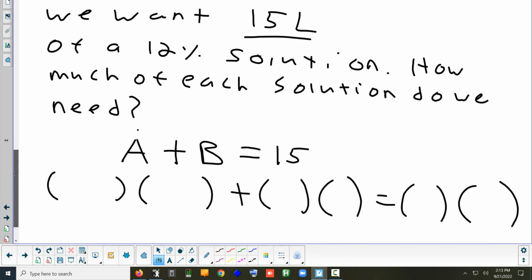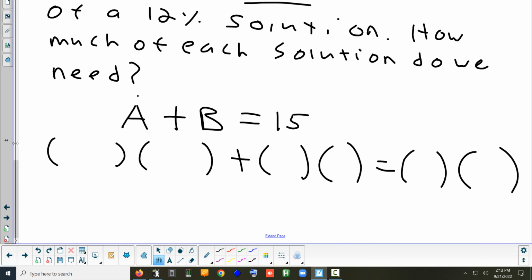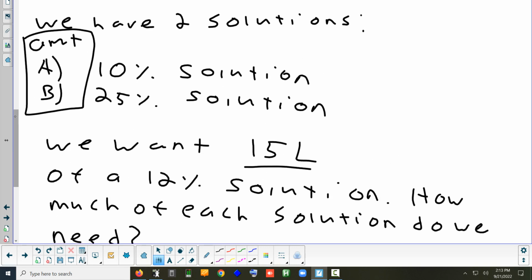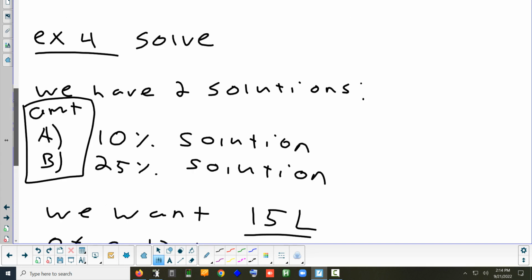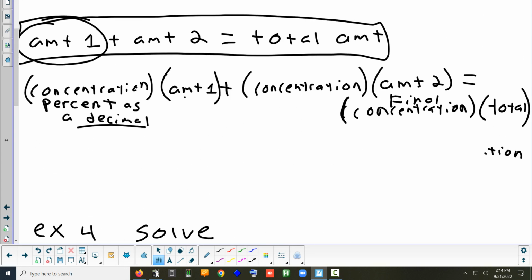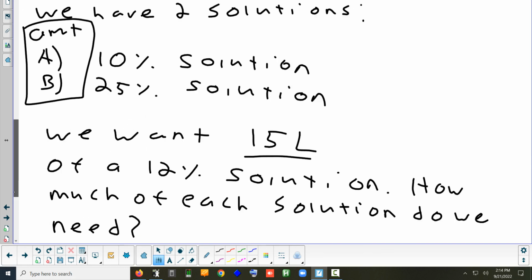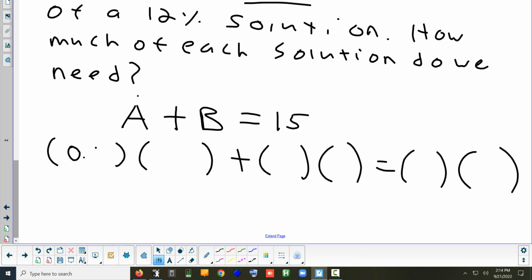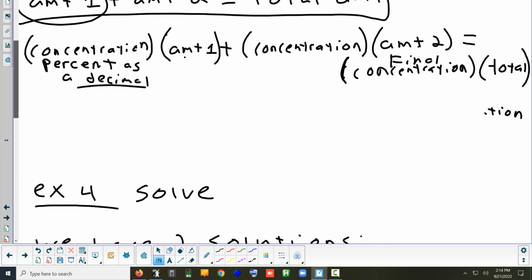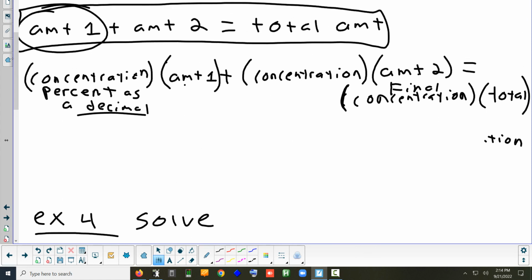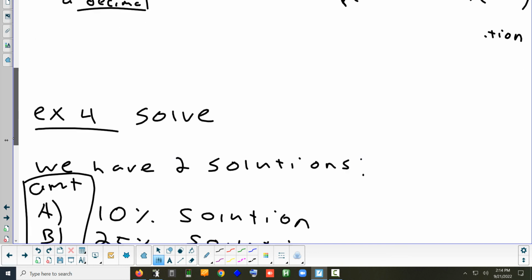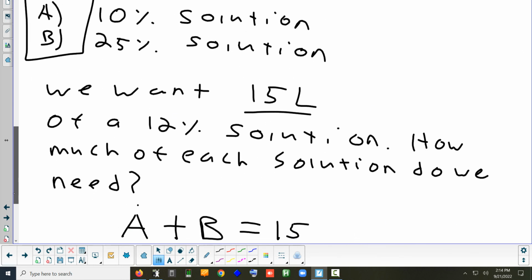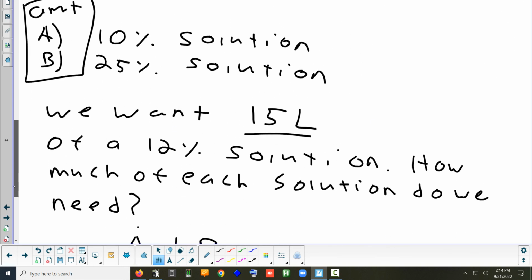So what's our concentration for the first solution? 10%. And how about if you write that as a decimal? 0.1. Yeah. 0.1 times how much are we using of that solution? What's our variable that represents the 10% solution?